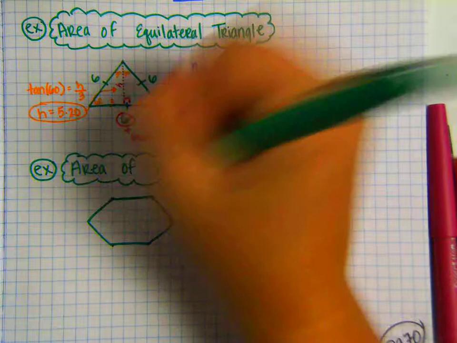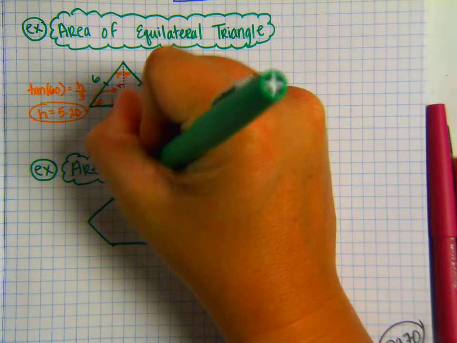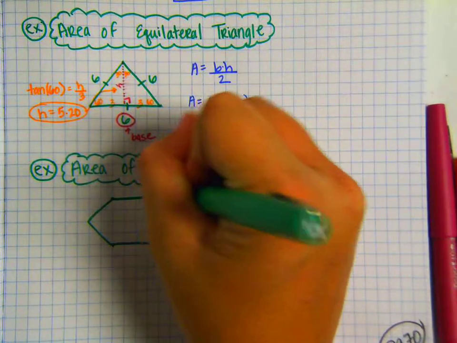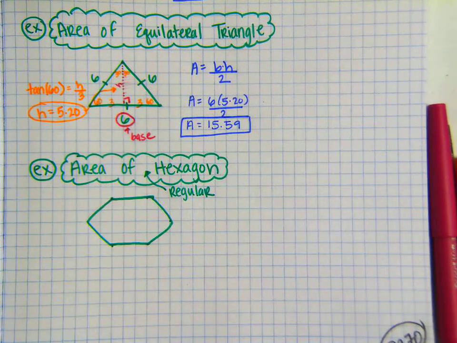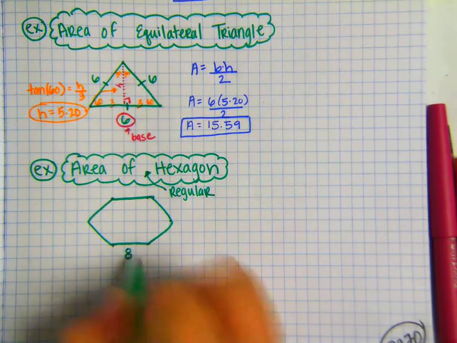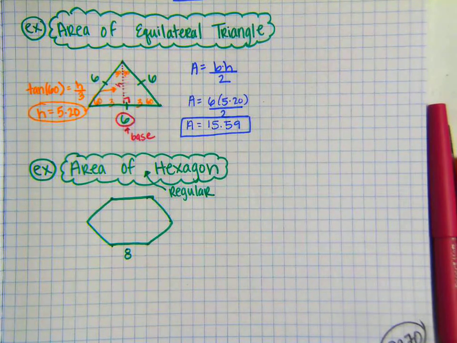And I should have written regular right here, so I'm going to go ahead and write that in. Regular means that all sides are the same. And we're going to have a side length of 8. So go ahead, find the area of that hexagon, or do your best, insert in your answer, and then I'm going to go over it after.